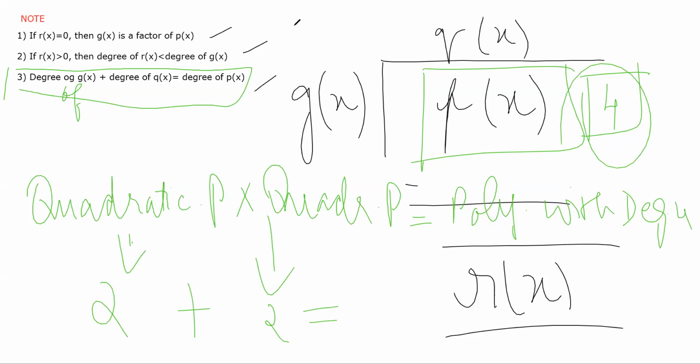That is, when you multiply a quadratic polynomial with a quadratic polynomial, you will get this p of x, right? So for example, in this third question, g of x will also be a quadratic polynomial and q of x will also be a quadratic polynomial. So for both the quadratic polynomials, the degree is 2, and when you add 2 and 2, we will get 4. So which is verified, okay? So that's what the third statement says. Degree of g of x plus degree of q of x is equal to degree of p of x.